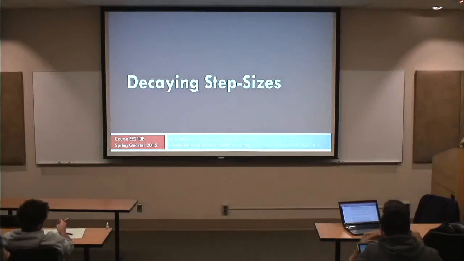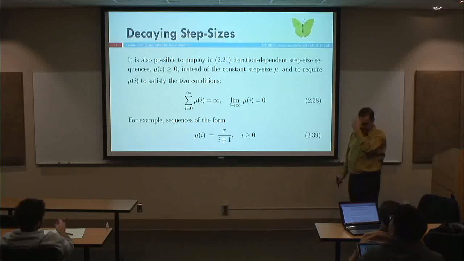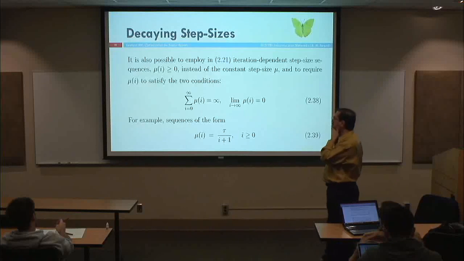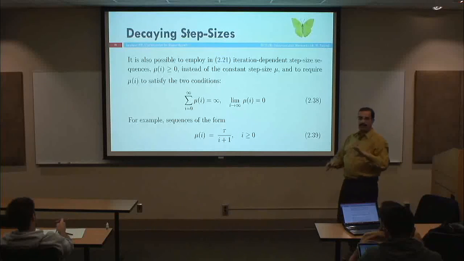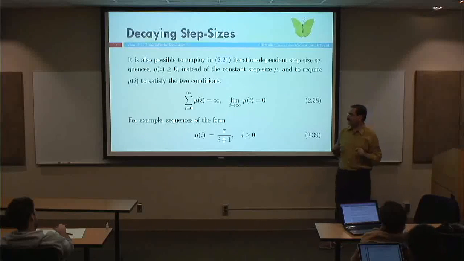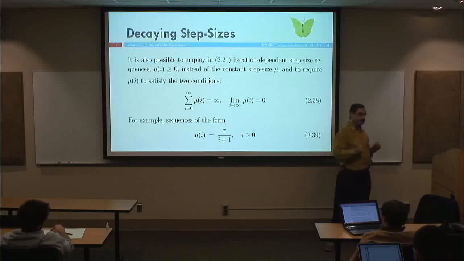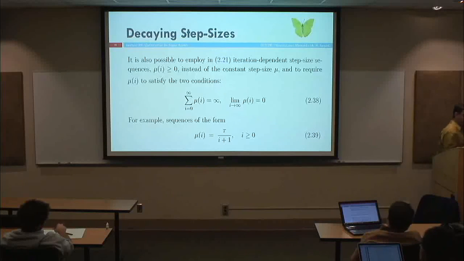Fine. So let's move on quickly to the second case here. So far, I only used a constant step size, right? But there are situations where a decaying step size may be useful to use.